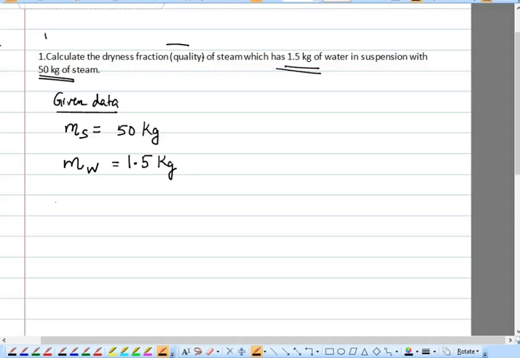You are asked to find the dryness fraction x.